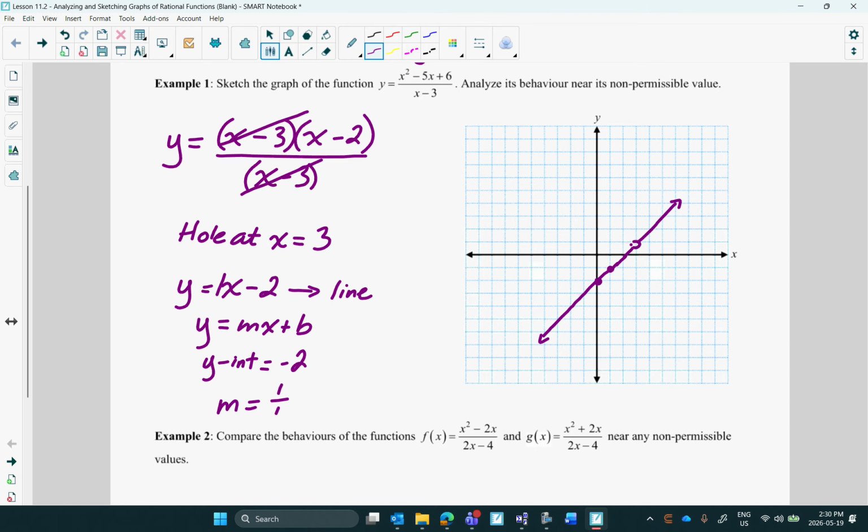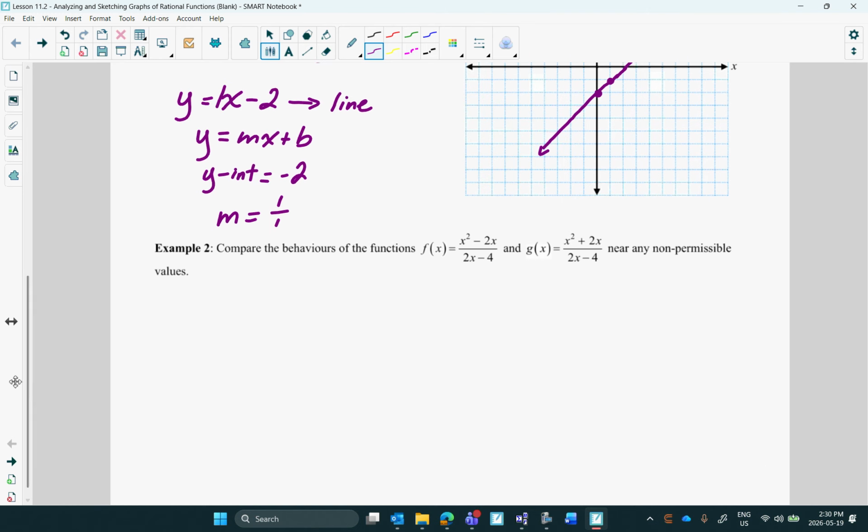All right, similar question. We don't have to graph them, but I want to see what's the difference between these two. Well, first of all, to figure out what's happening, vertical asymptote or holes, factor.